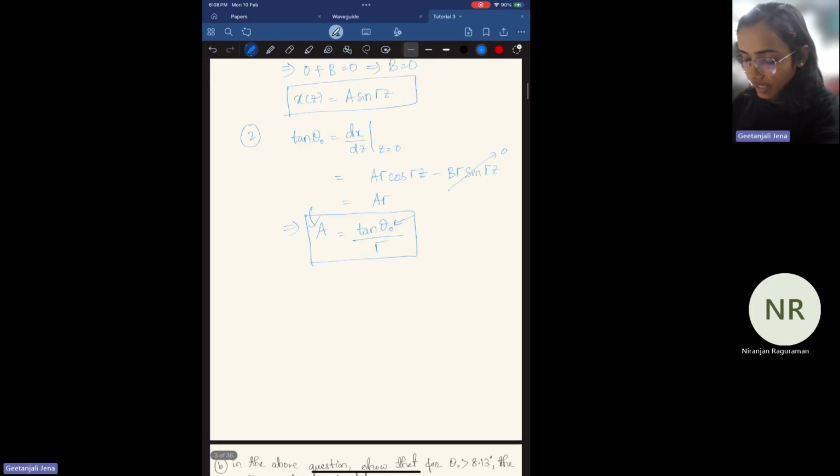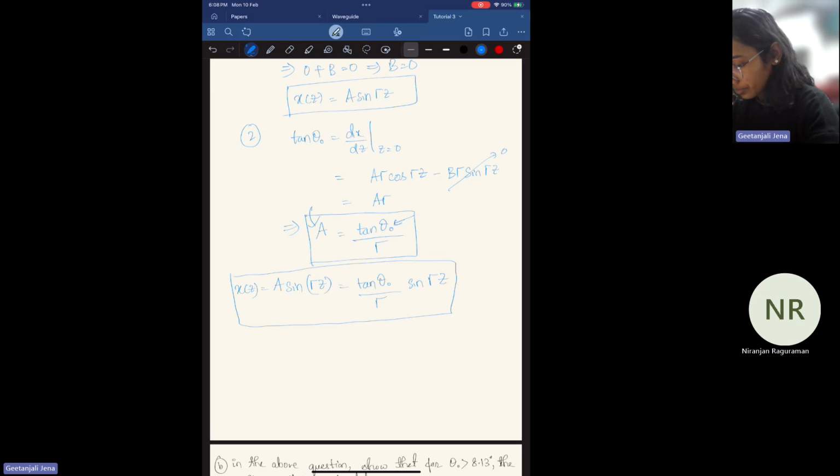The final form that we have now is A(z), the ray path, A sine gamma z, which is tan theta 0 by gamma sine gamma z. This is the ray path.